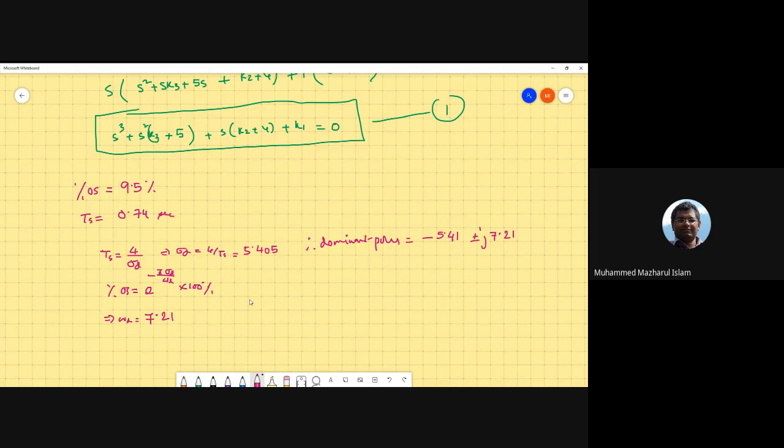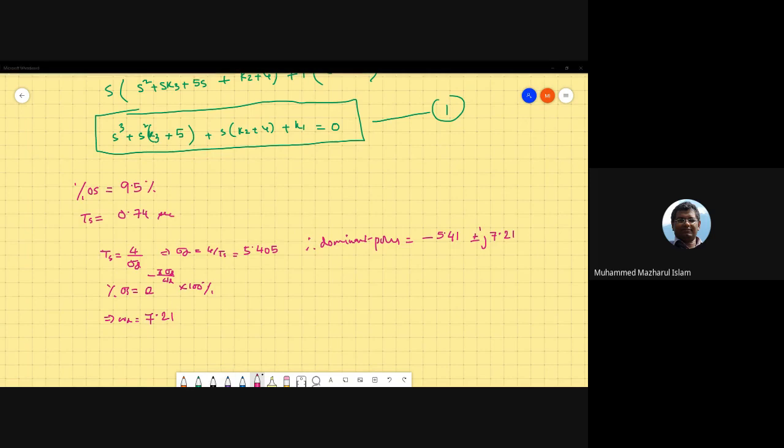Remember the system is third order. What about the third pole? So in order to have a percent overshoot of 9.5 and a settling time of 0.74 seconds, we need the dominant poles to be at this location. So what do I do about the third pole? That's the question.